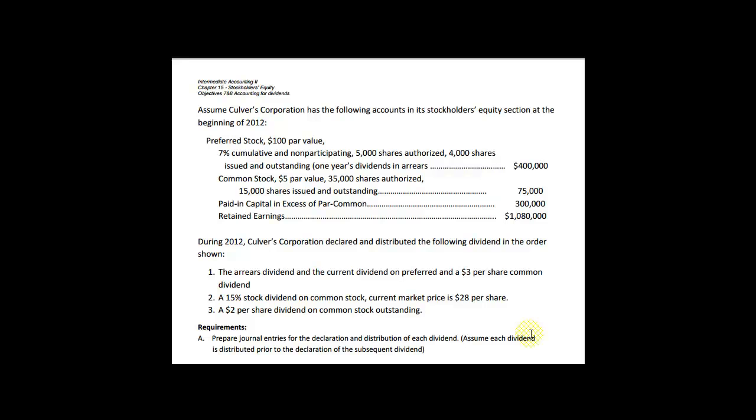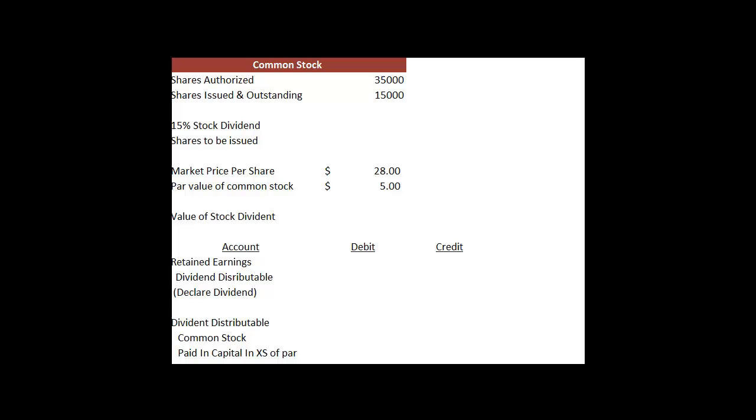Now we'll move on to the second transaction, which says that the company had a 15% stock dividend on common stock, and the current market price of the stock at the time of this dividend is $28 a share. So the first thing we're going to want to do is I've made a little summary of the common stock information we're told: there are 35,000 shares authorized, there are 15,000 outstanding. When we declare a stock dividend, it's different from cash.